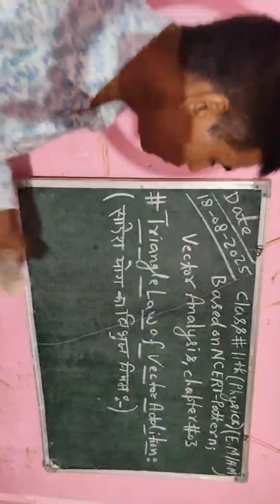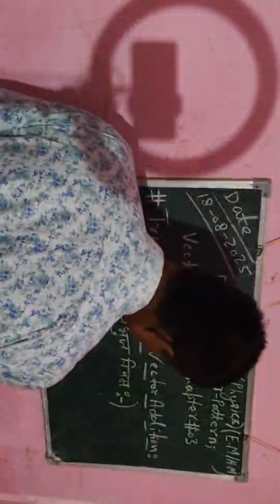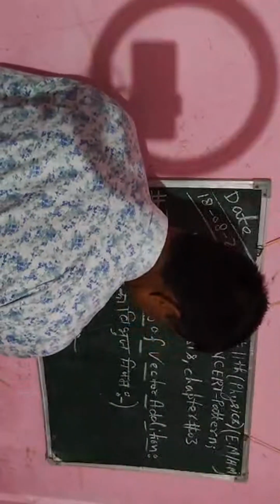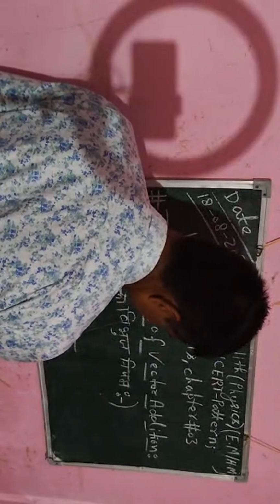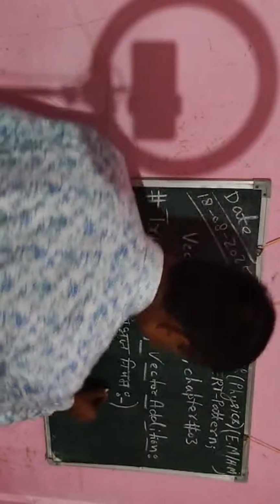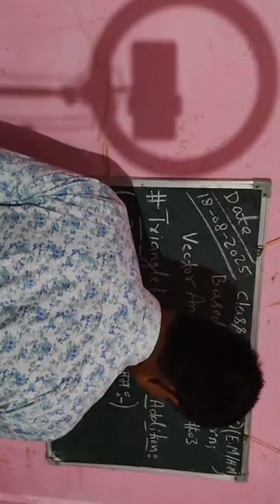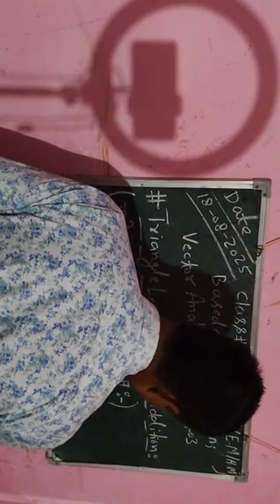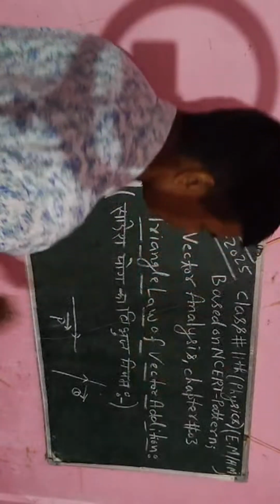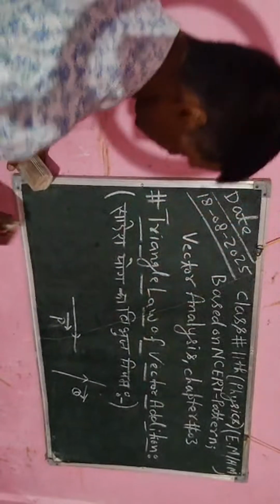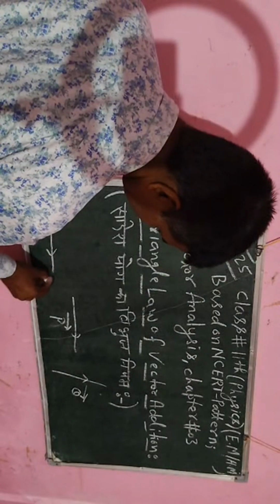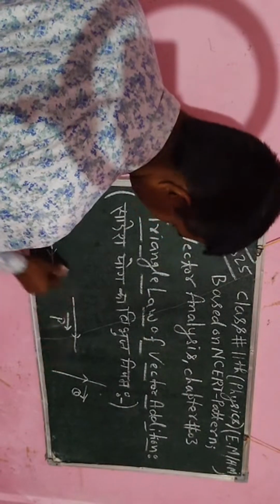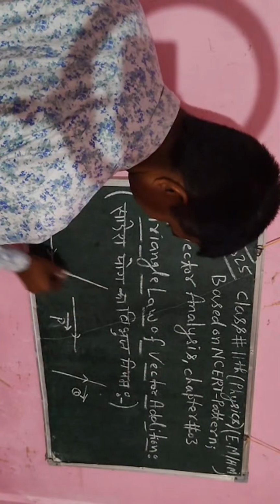Okay. So first of all, I will consider one vector, and I will say this vector is P, and the other vector I am considering is Q. Now we have to take the addition of these two vectors. So I will draw a vector which is parallel to P, and then I will draw a vector which intersects this vector.